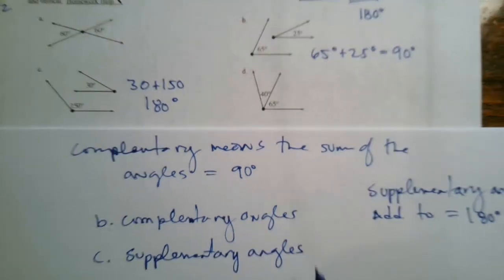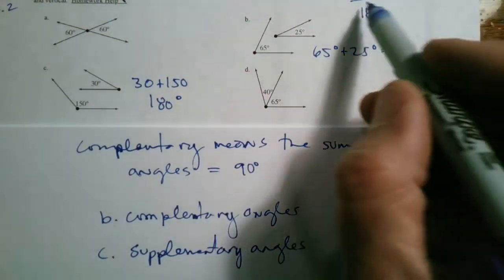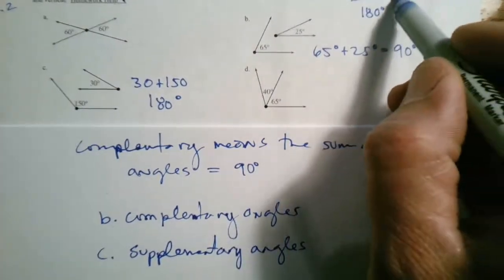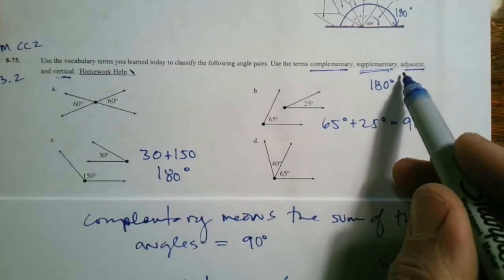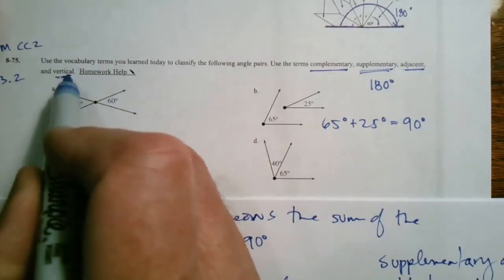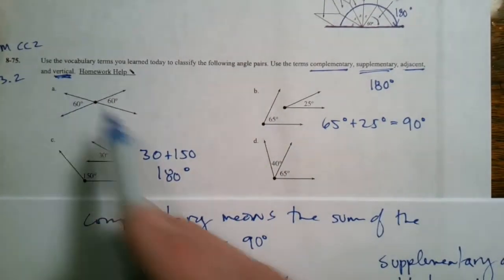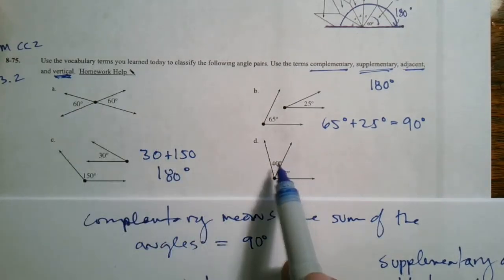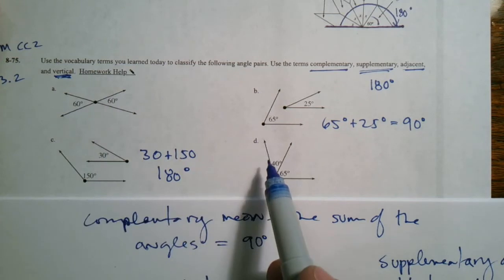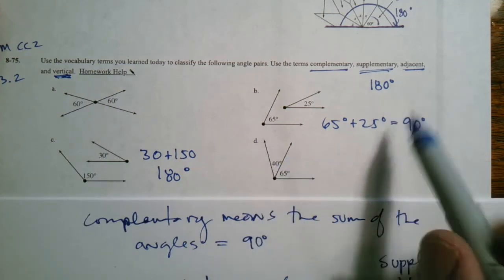Okay. So now what are the other two? So we have here this word adjacent and this word vertical. We have the word adjacent and the word vertical. So if I look at A and look at D, which one's adjacent, which one's vertical? Adjacent would mean side by side.